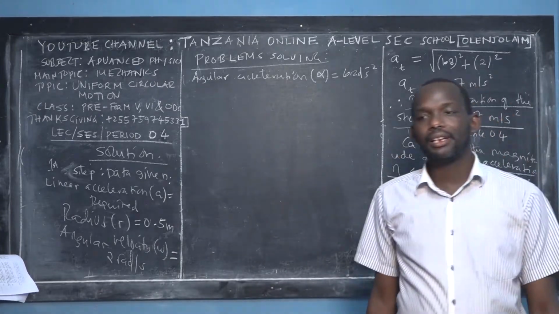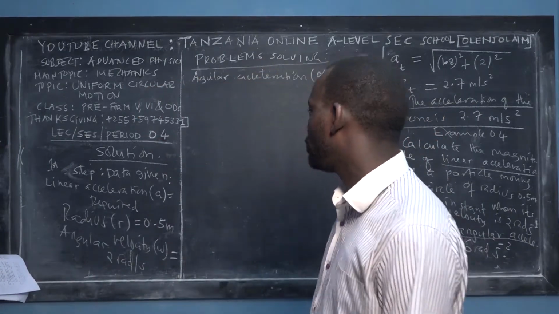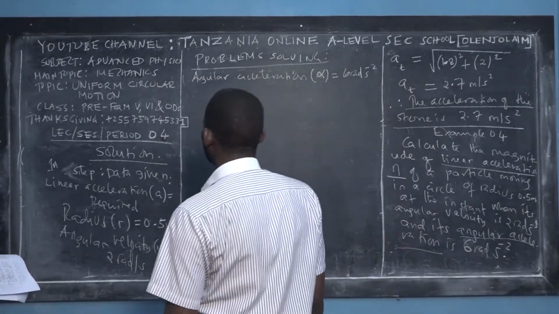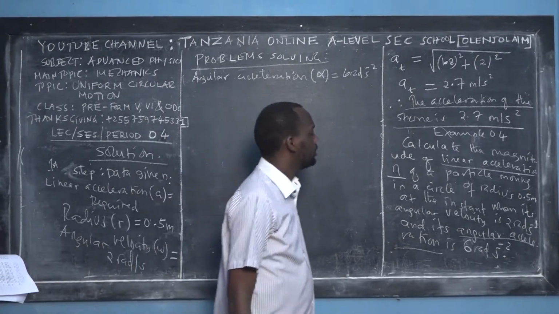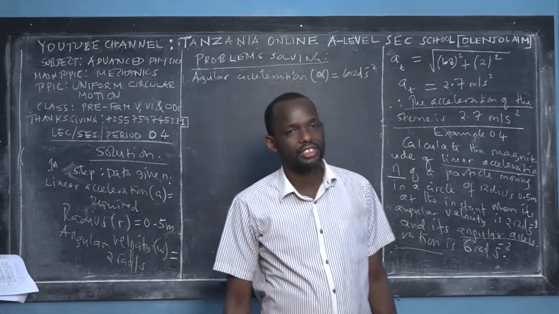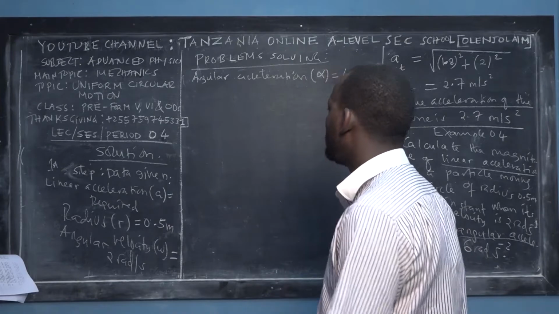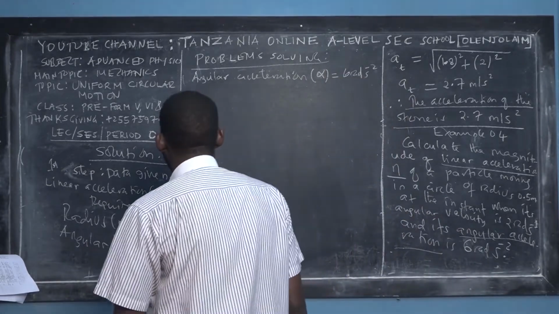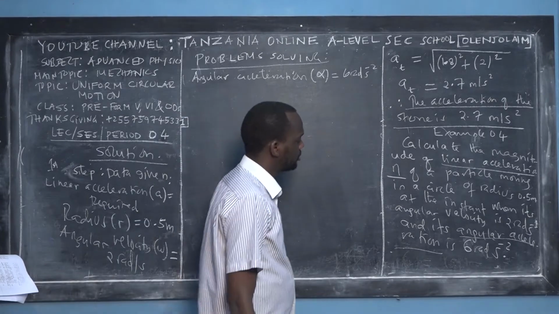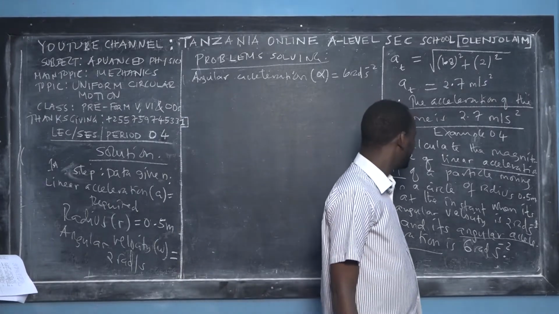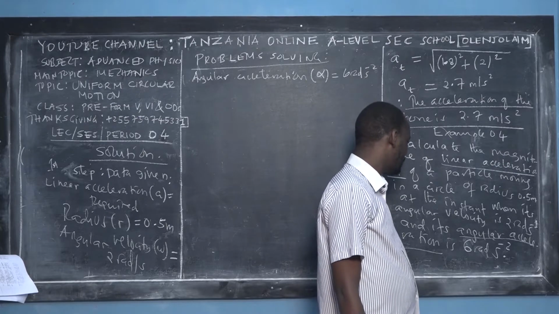If you remember, I told you that when a body moves in a circular path, it experiences both linear acceleration and angular acceleration. And in circular motion we have two types of acceleration.